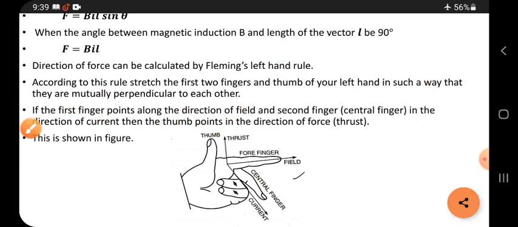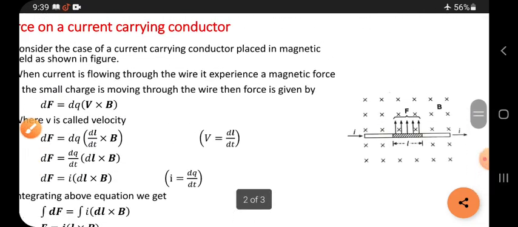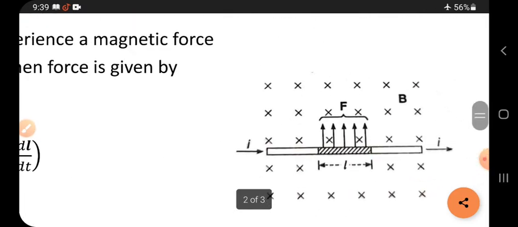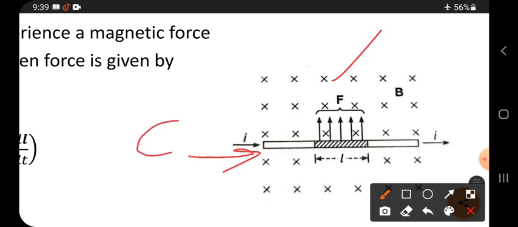So friends, this is our Fleming's left hand rule. If you apply this rule to this diagram, in which direction the force acts can be easily known. Keep your left hand middle finger along the current direction, and the field is into the paper, so keep your forefinger towards the field.